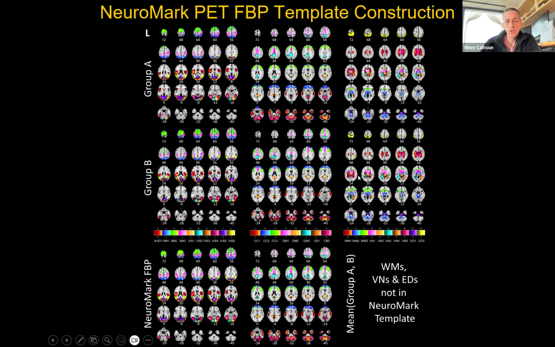Row 1 and row 2 are 2 independent florbetapir data sets that were separately analyzed. And here you can see consistency if you look between them. Some of the colors are not exactly the same, but hopefully you can see that they're quite similar to one another. And then here is the final template that we generated that included those gray matter regions.